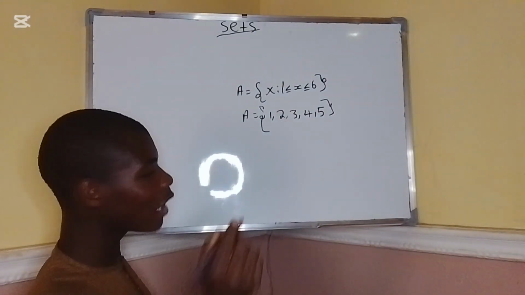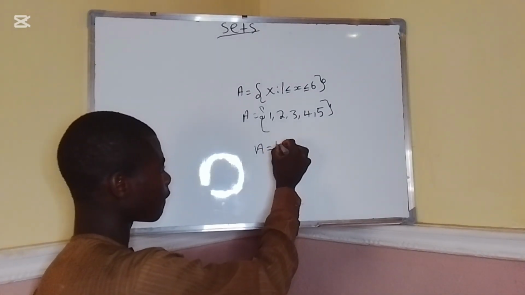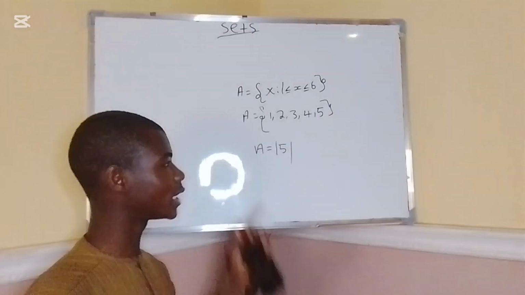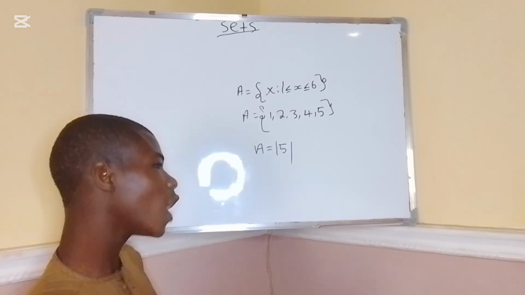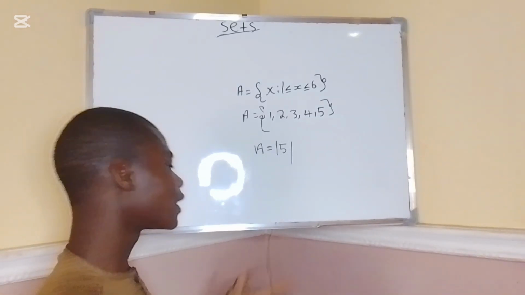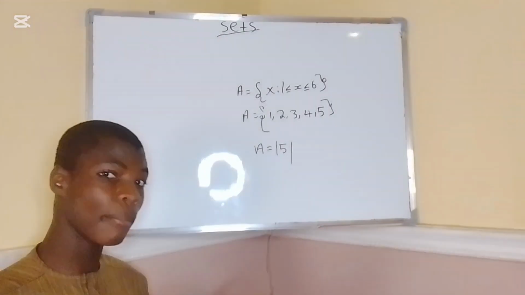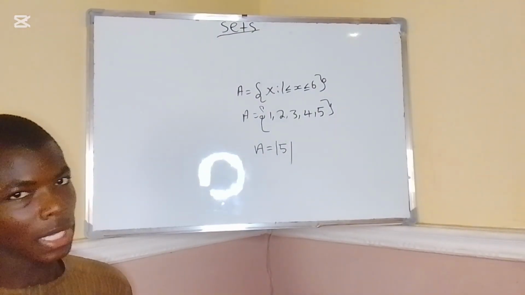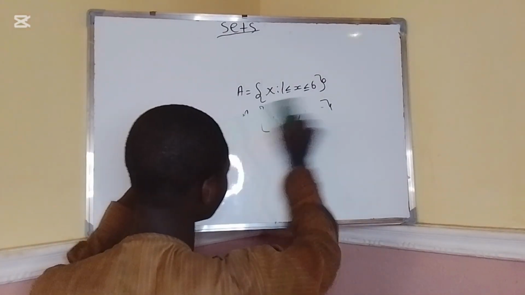So the order of set A will be equal to 5. It is denoted as this. So the order of a set determines how many members are inside a set. So done with that.